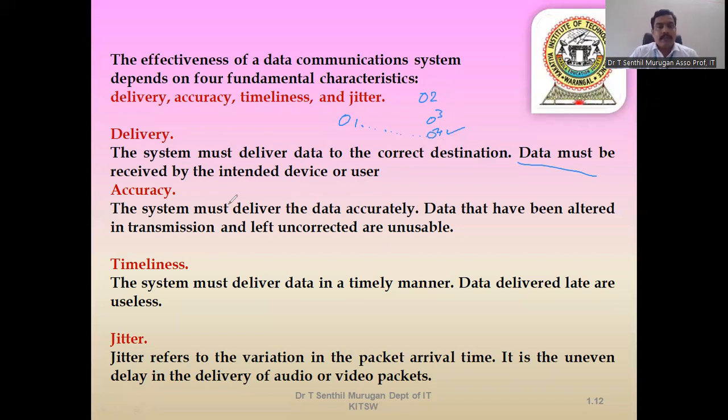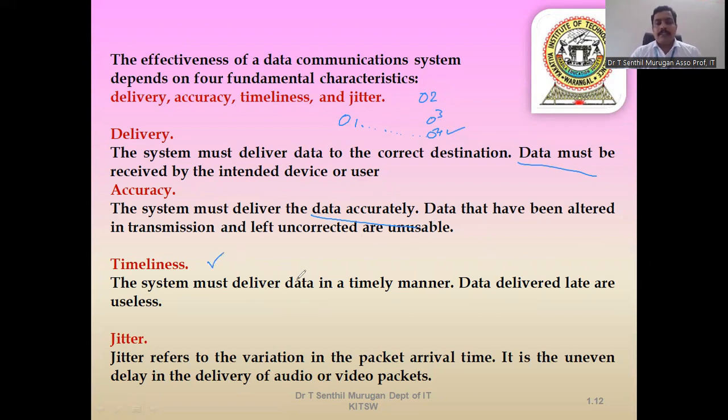Accuracy. What is accuracy? Deliver the information accurately. Okay, so without error it will be sent. Clear? If the data have been altered in transmission and left uncorrected, it is unusable. If any mistakes are there, the entire data transmitted is waste. Okay, so next one, timeliness.